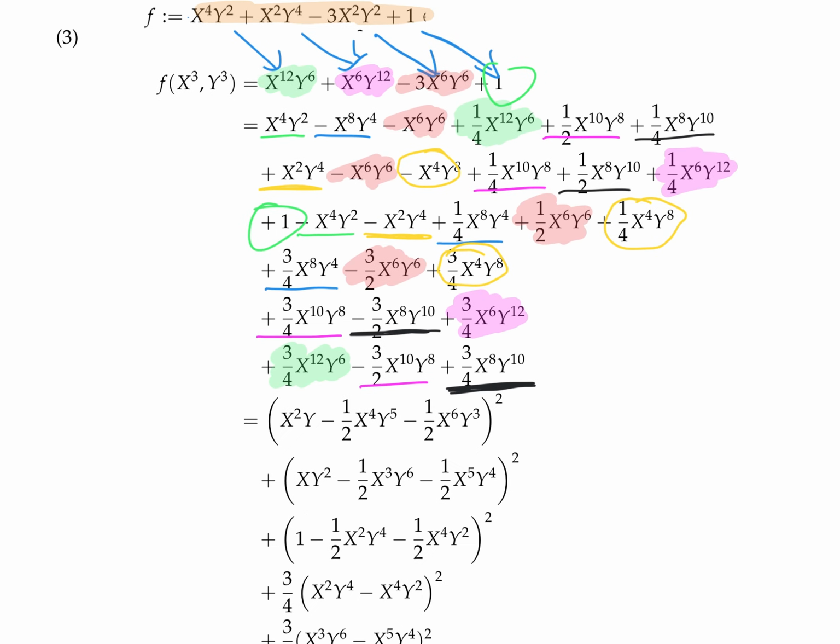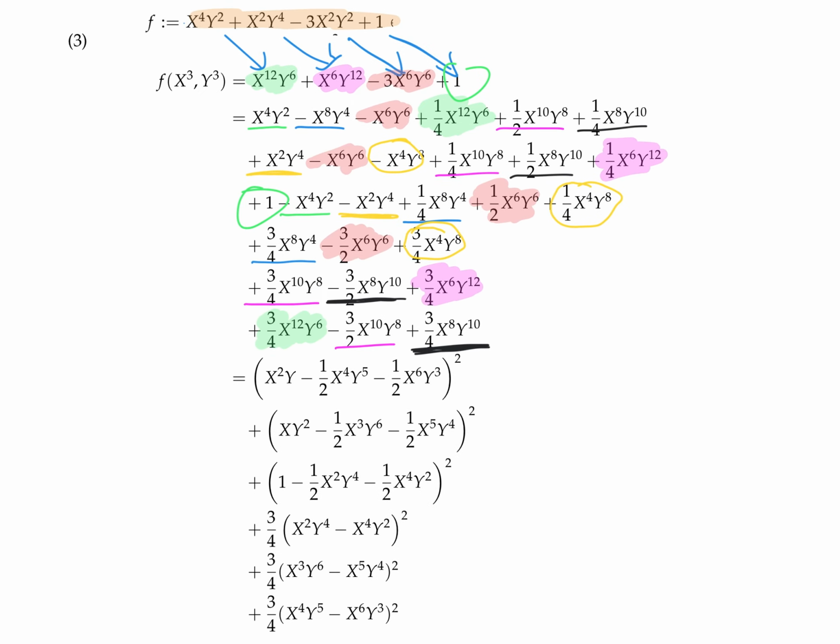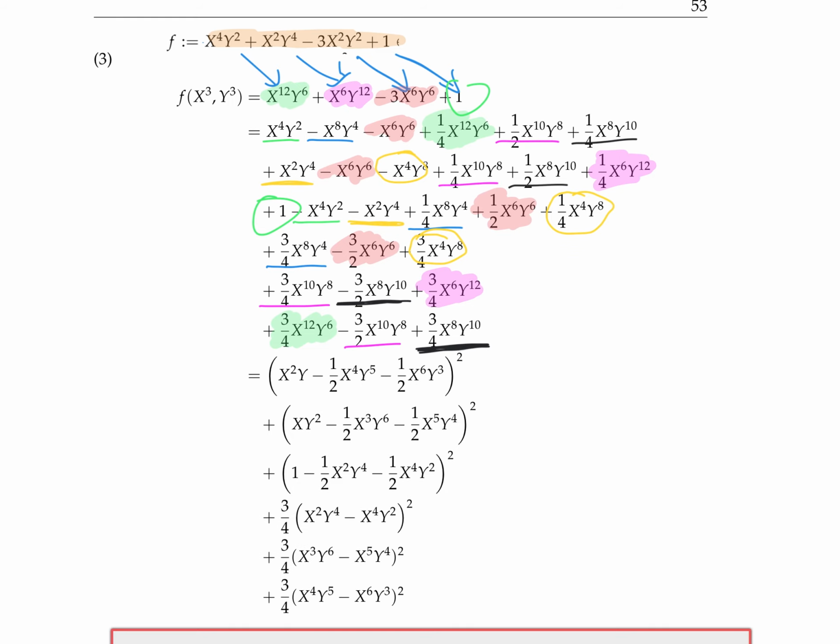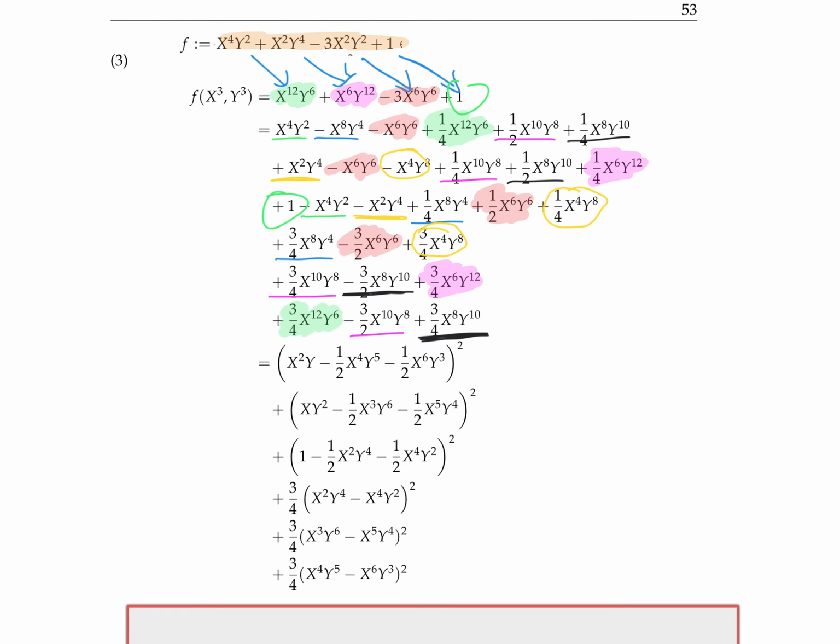Okay, now let's see. So I have here six lines, 1 2 3 4 5 6. And here I have 6 squares, and each line gives now a square, namely this line here, right? So this is a square of 3 terms, so if you multiply that out you get 3 squares, right?